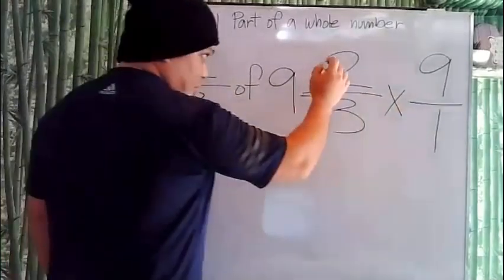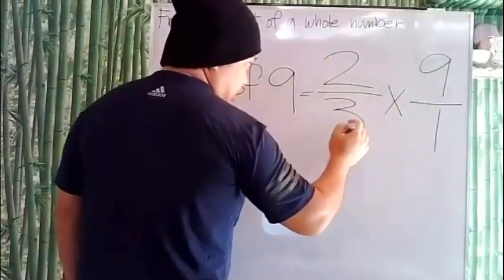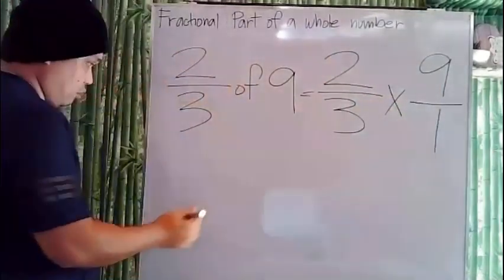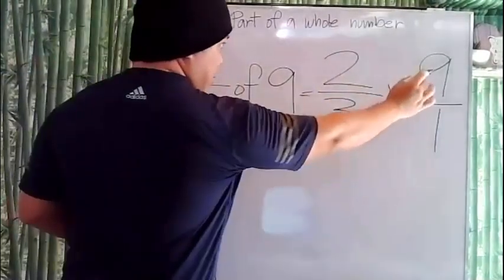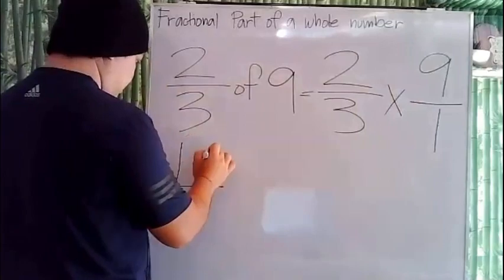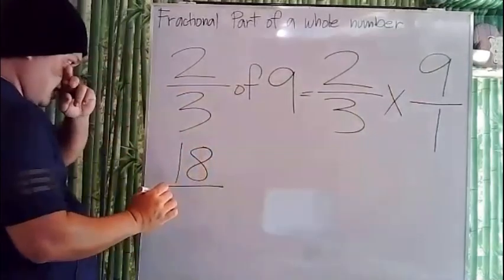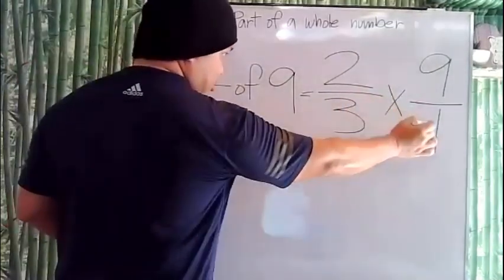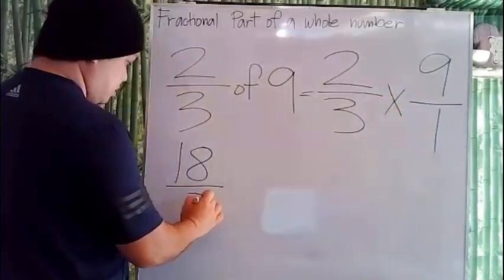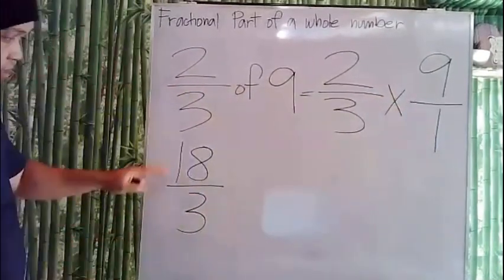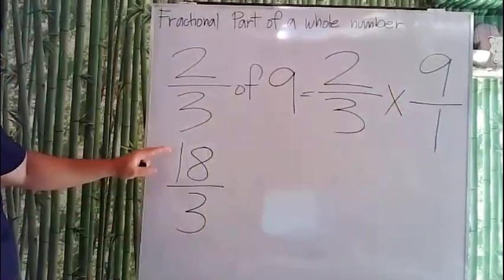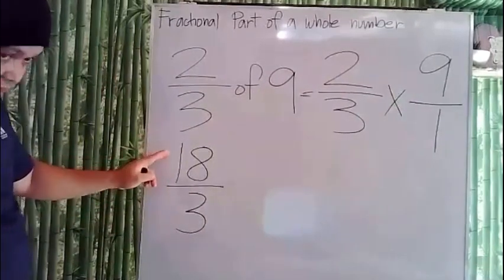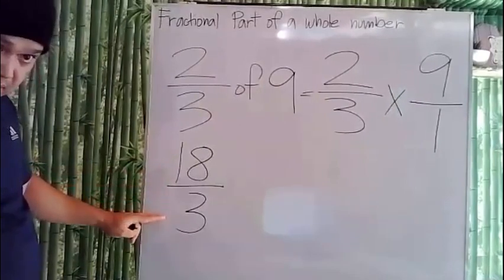Just multiply the numerator and multiply the denominator. Okay, so on the numerator, 2 times 9 is 18. Okay, and 3 times 1 is 3. Okay, so we have 18 over 3. So to answer this, we simply divide 18 divided by 3.